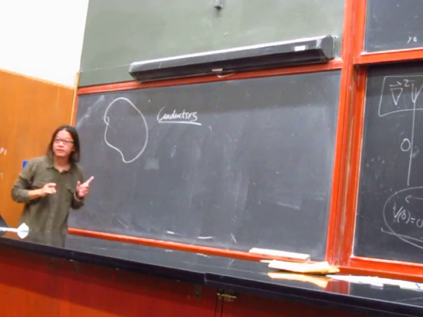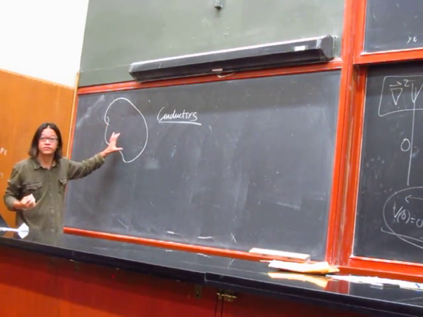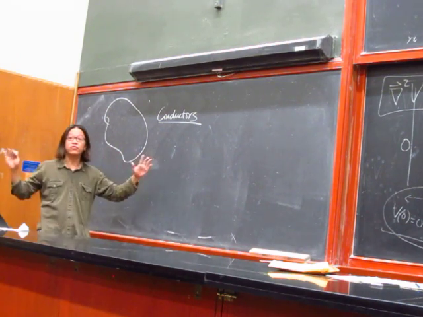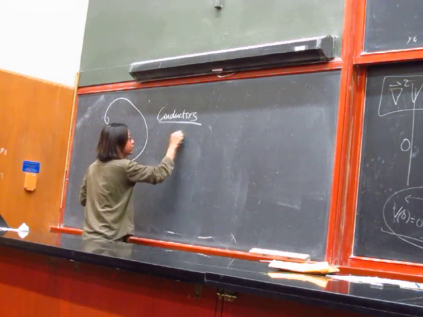It's a perfect conductor, meaning that anytime you establish an electric field inside or anywhere on the surface of the conductor, charges will immediately move to cancel the electric field. So E is 0 everywhere.